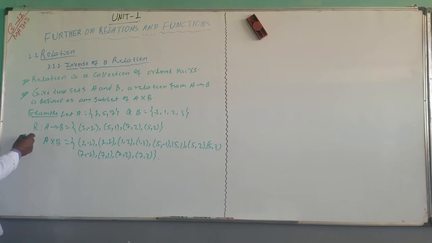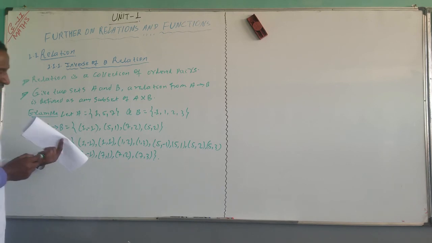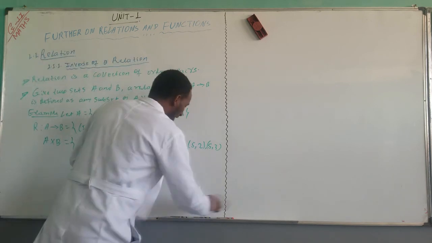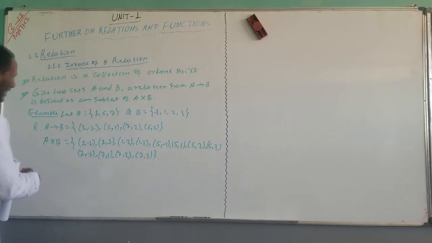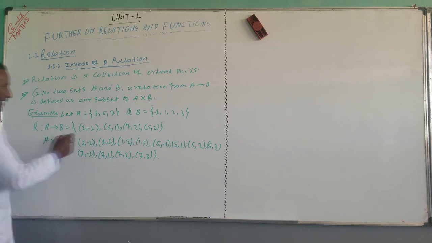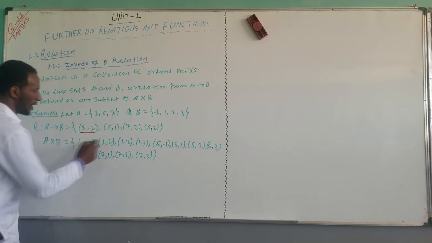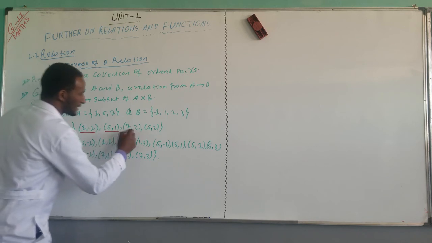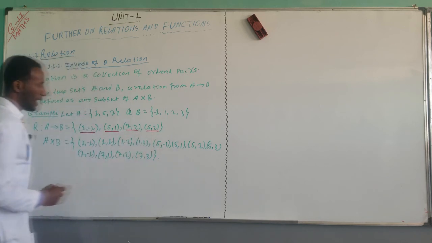Then our relation R is a subset of A cross B. Let us see the elements of relation R: (1, -1), (5, 1), (7, 2), (5, 2).